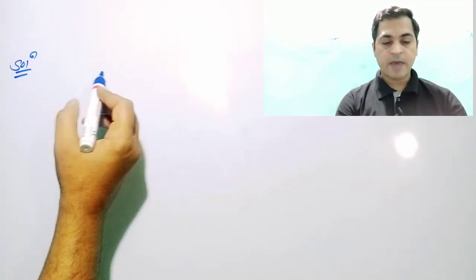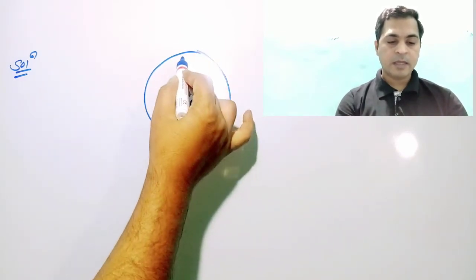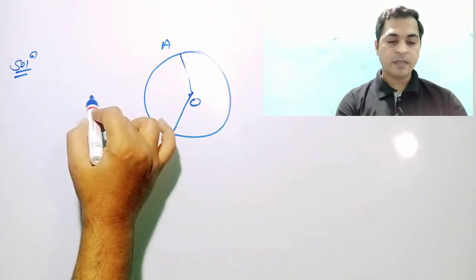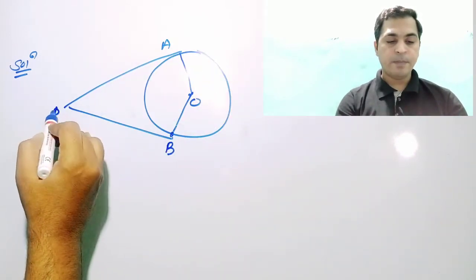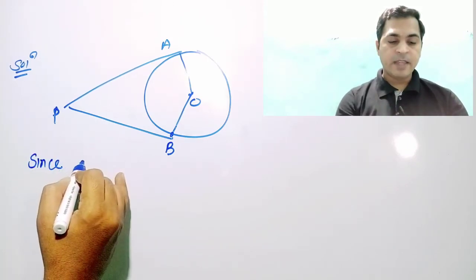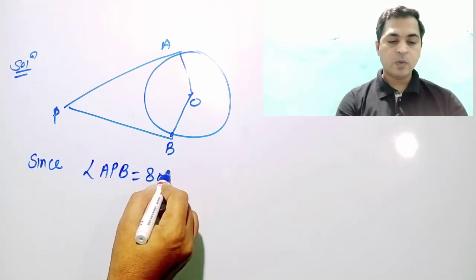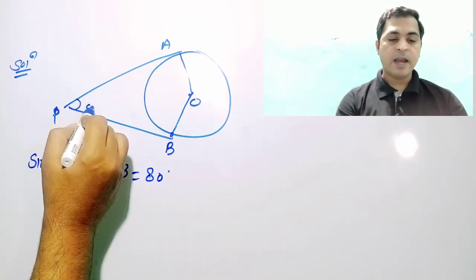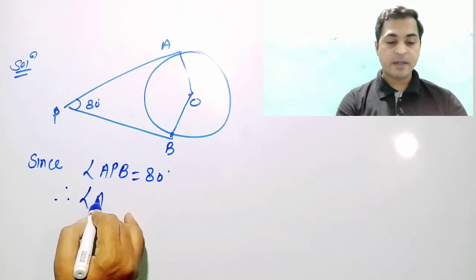So students, let us draw the figure. This is a circle having center O and two tangents passing from points A and B, right? And the angle over here at P, it is given that angle APB is equal to 80 degree, meaning the angle at the exterior point where the tangents extend is 80 degree, right?